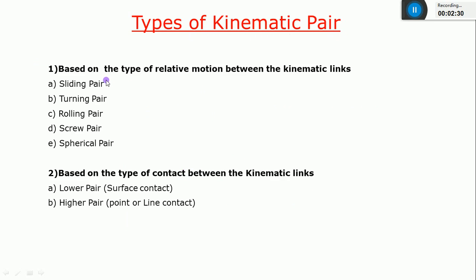The first classification is based on the type of relative motion between kinematic links. Whether it is a sliding motion, we call the pair a sliding pair. If it is a rotary motion, such a pair is known as a turning pair. When you consider a ball bearing or roller bearing, the motion is a combination of both sliding and turning, so we call it a rolling pair.